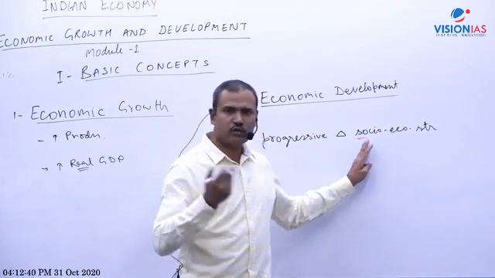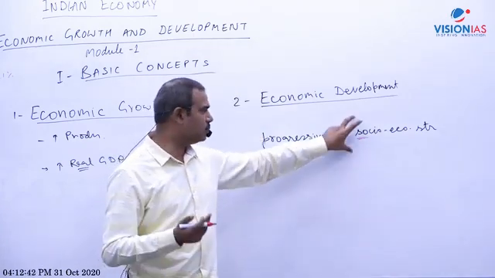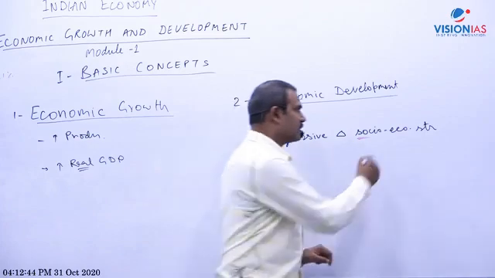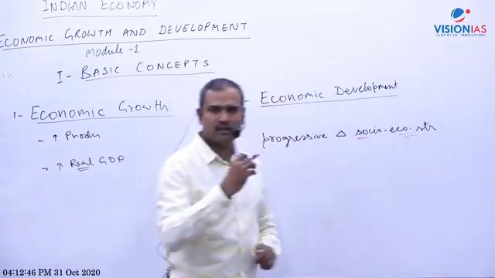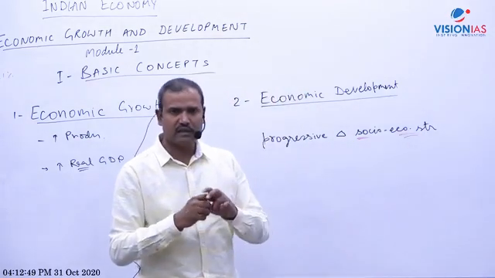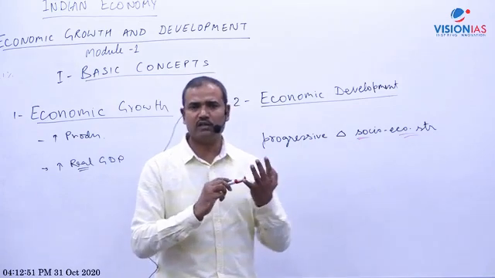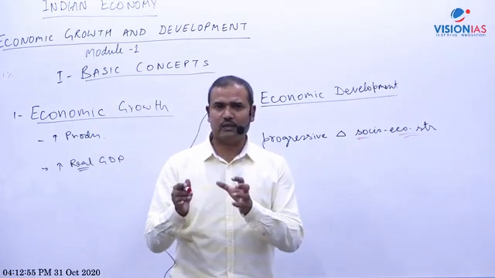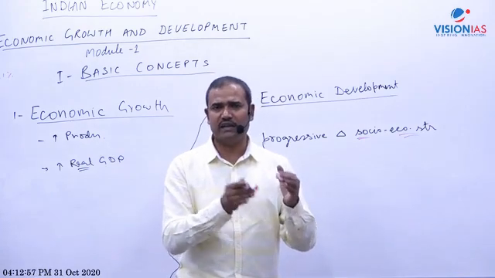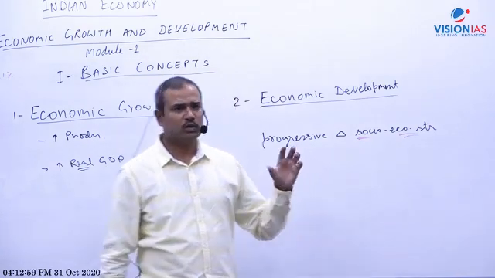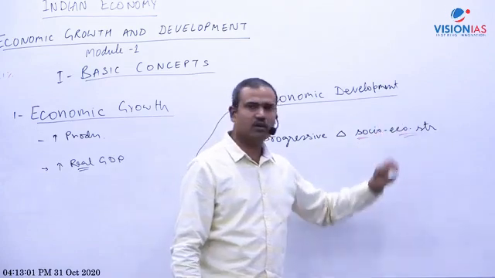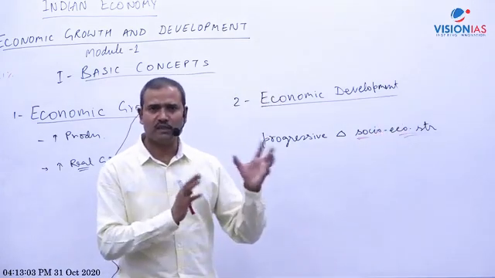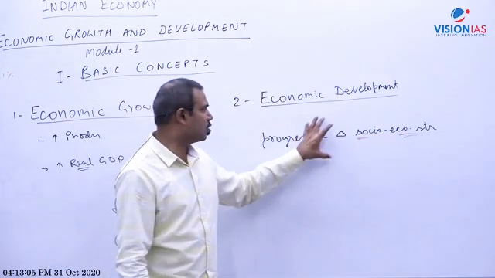So quality of life should improve. That is progressive social change. And progressive structural changes in the economy are economic changes like productivity and production increasing, and people shifting from agriculture to more productive activities like industry and services. So progressive socio-economic changes in the economy are economic development.